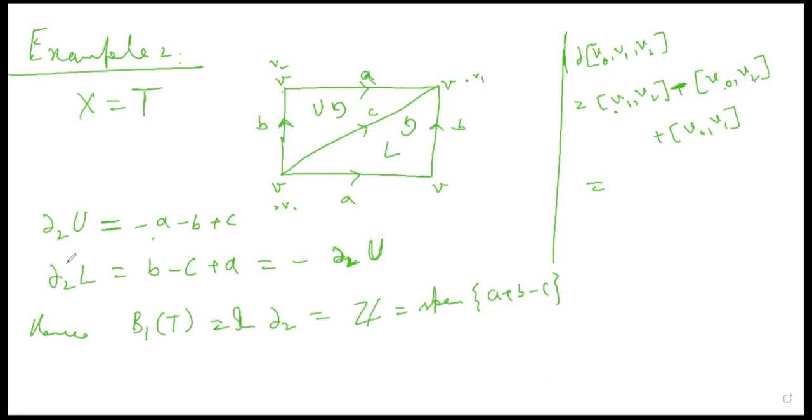Now what is the kernel of this boundary map? A general element in this will be of the form AU plus BL, because this is generated by this U and L. So if we apply it and it is 0, we want to find elements of the kernel.